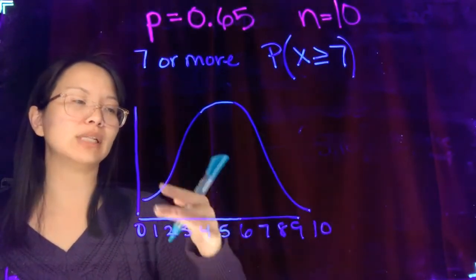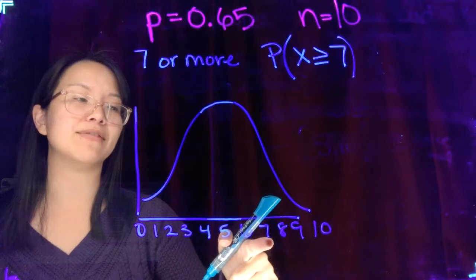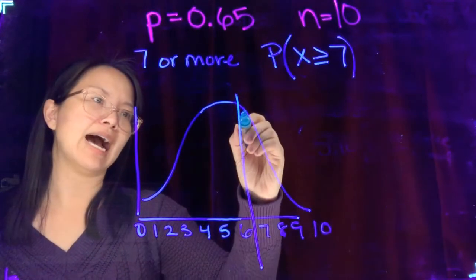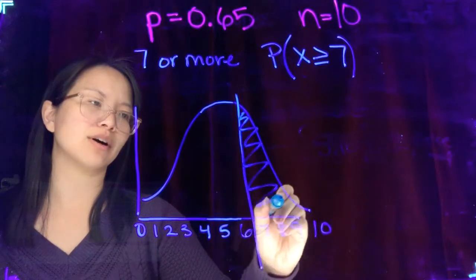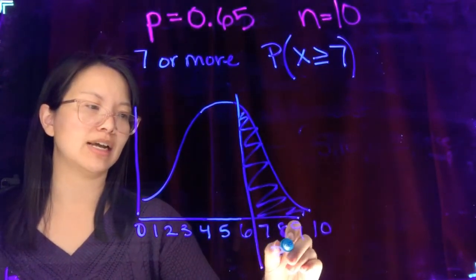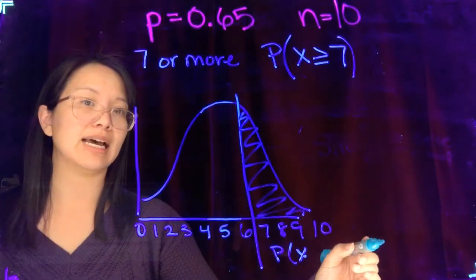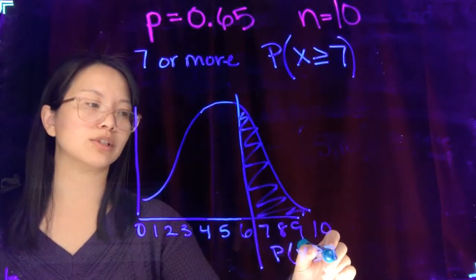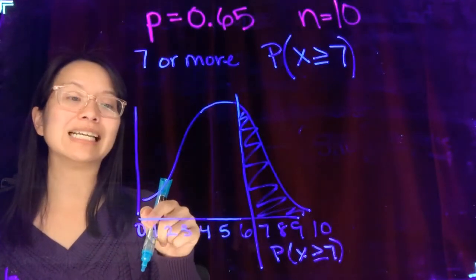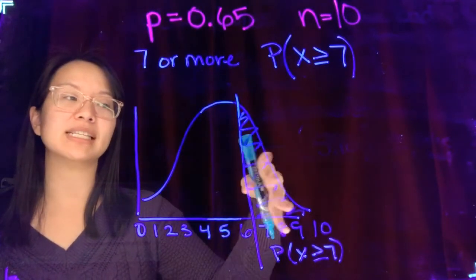So again, if we visualize this, we're interested in 7 or more. If I draw my line here, I'm interested in this part of the curve. So 7, 8, 9, 10. This right here is the probability that x is greater than or equal to 7. The problem, though, is Excel doesn't know how to read this side of the curve.